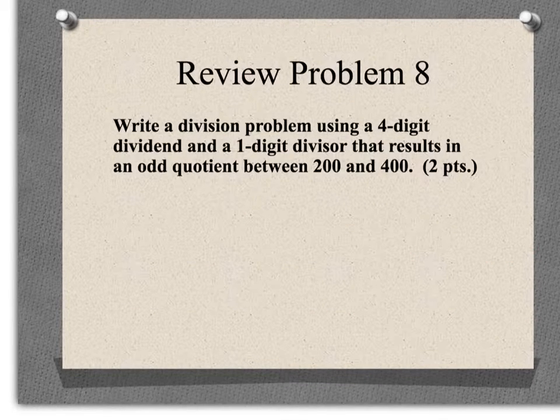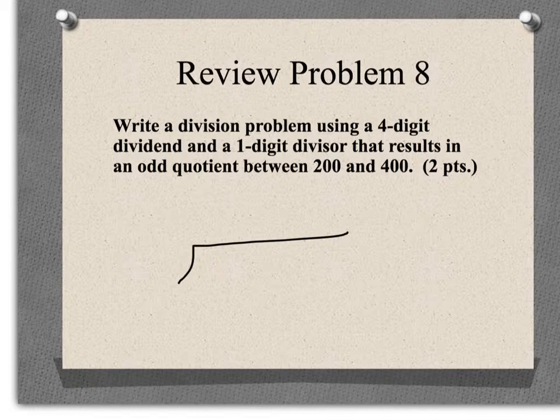Now on to review problem 8. Many of you were stuck on this yesterday in class. It says, write a division problem using a 4-digit dividend and a 1-digit divisor that results in an odd quotient between 200 and 400. So, off the bat, I know my answer has to be an odd number between 200 and 400.